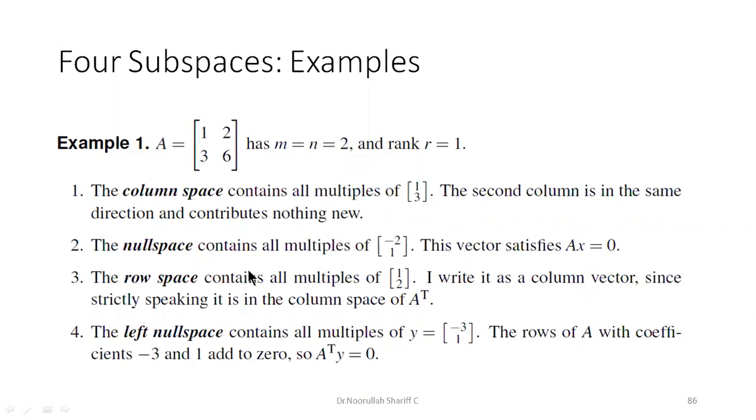For the row space, you just take the transpose of this and find the column space. Same process as before. If you take the transpose, we get 1, 2, 3, 6.